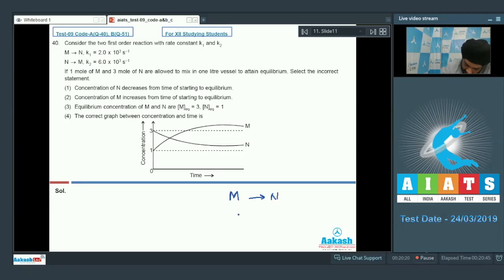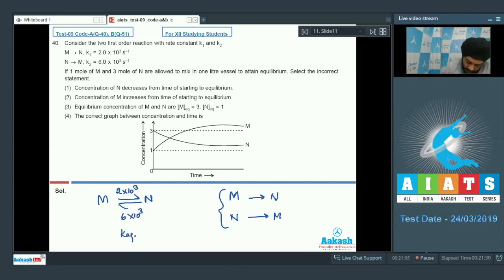So if we try and figure out this reaction which is given to us, we have M converting into N and we also have N converting back into M. So we can have an equilibrium reaction in which M is converting into N and N is converting into M as well. So if we talk about the rate constants now, the M converting into N has a K value of 2 into 10 to the power 3 and the N converting back into M has a K value of 6 into 10 to the power 3.